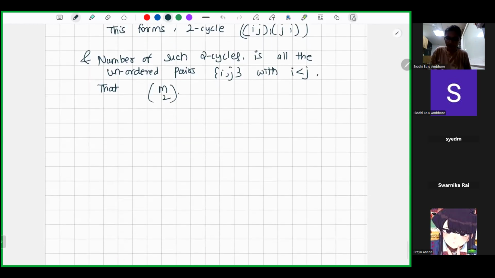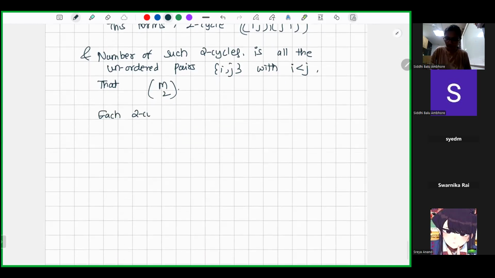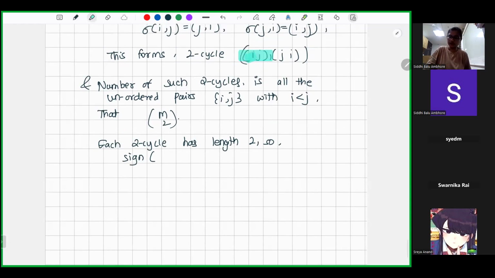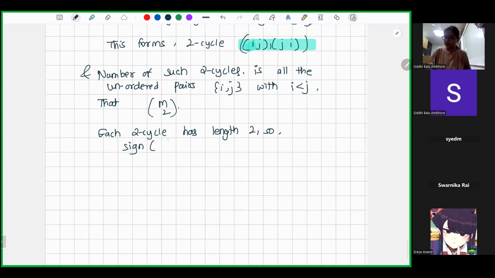So each 2-cycle has a length 2. So for each of these 2-cycles, the signature will be (-1) to the power 2, so that is 1.